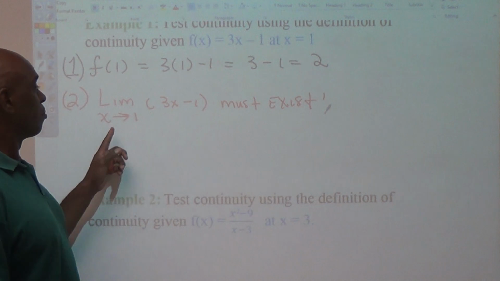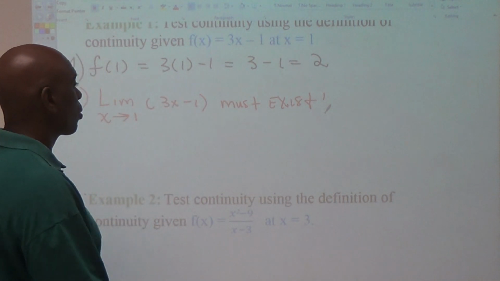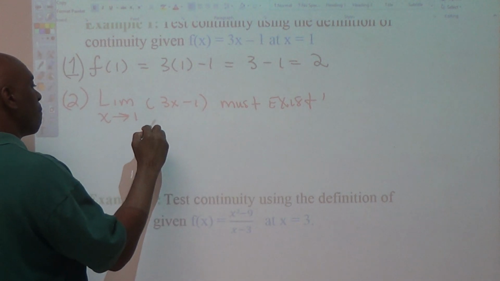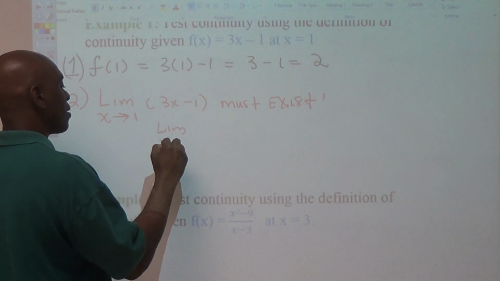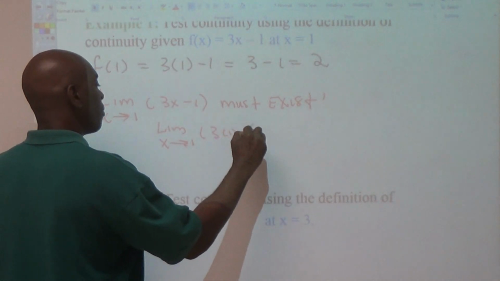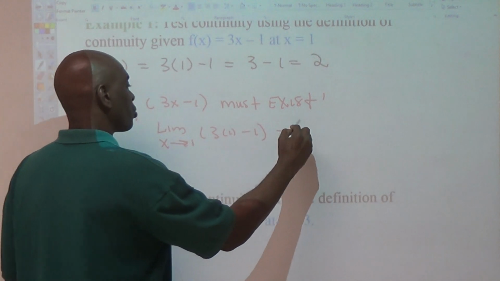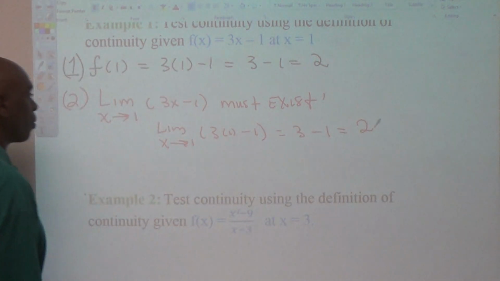Well, plug in 1 for x, direct substitution. What do we get? We get the limit as x approaches 1 of 3 times 1 minus 1, which equals 3 minus 1, which is 2. Okay.